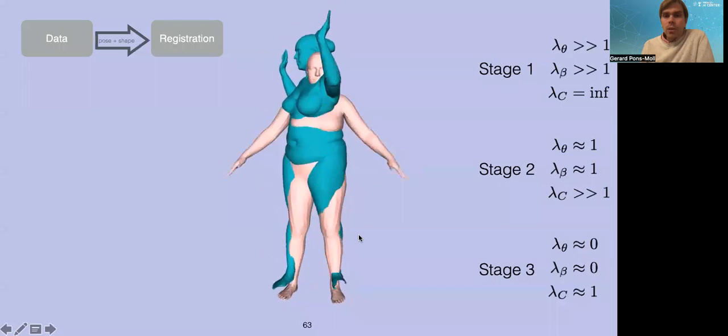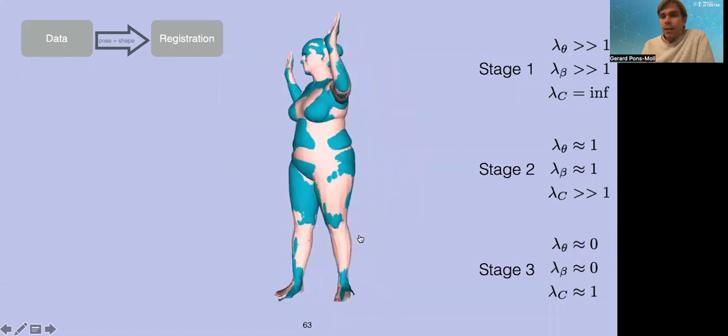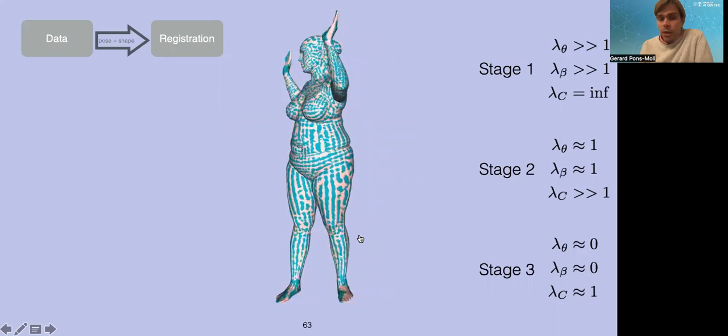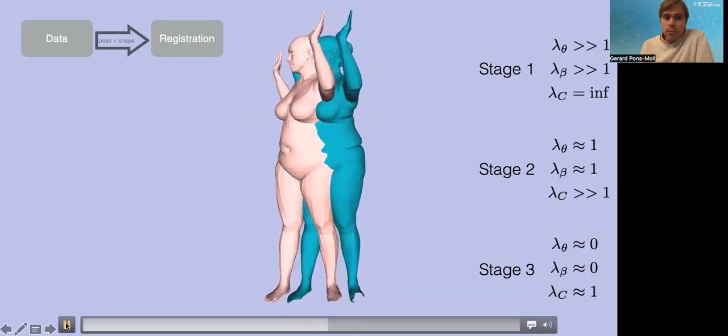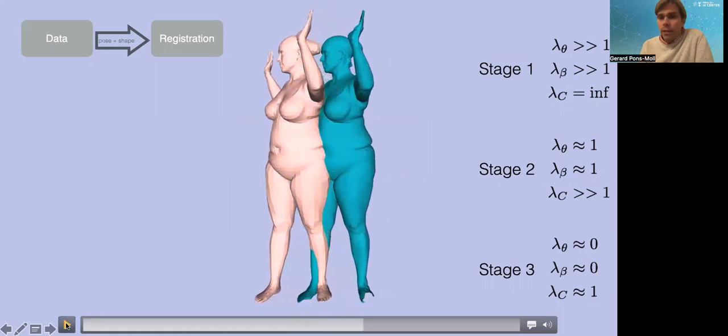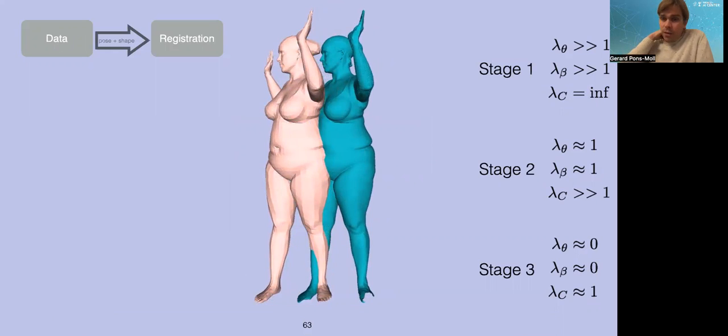All right. So now that we've seen this, and we've seen that the weights are actually quite important, what you can do, it's completely legal to do this, is optimize the same objective function several times with different weights. At every stage, you set different weights and you initialize the next stage with the solution of the previous stage.